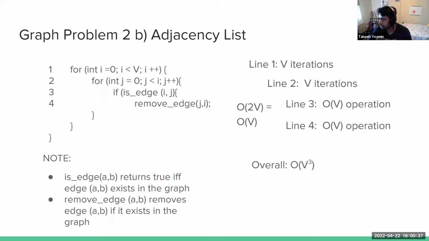So you're going through it twice. It's not V times V times V times V. It's V times V times V plus V. So that's going to work out to be O of V cubed. Okay.